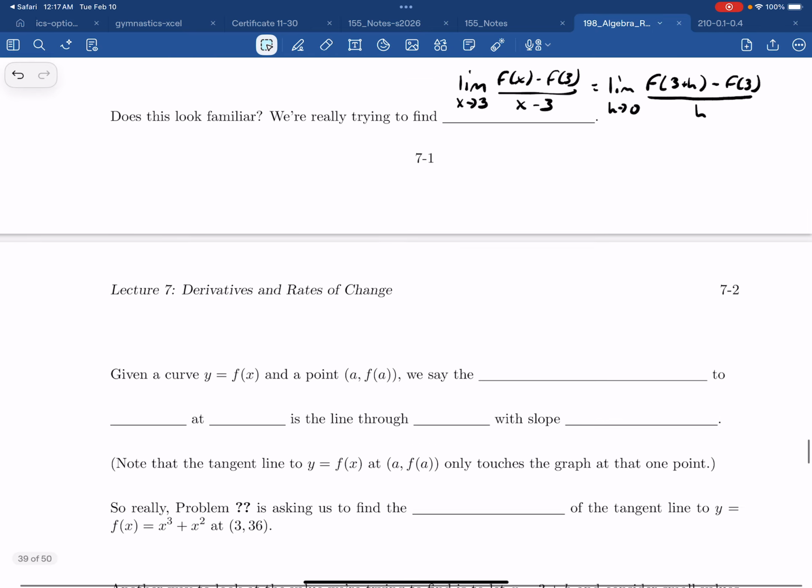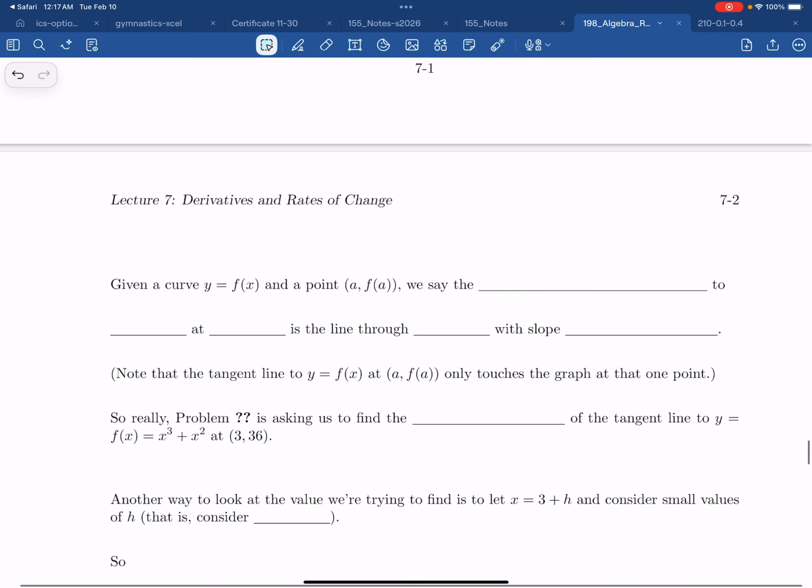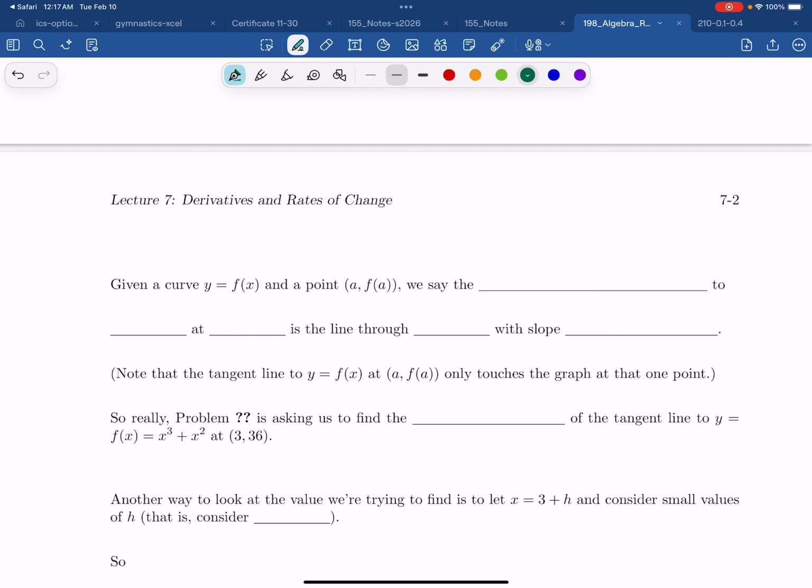So let's do it. First, let's introduce a couple of pieces of terminology here.